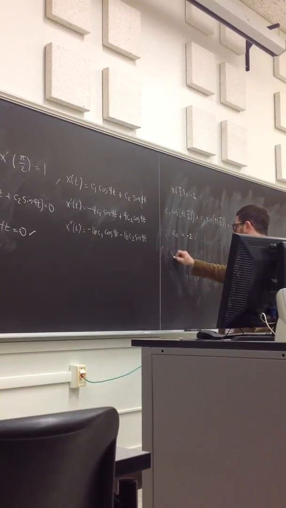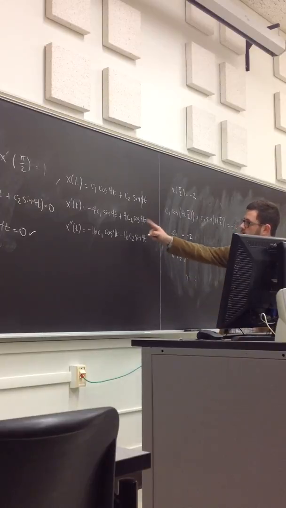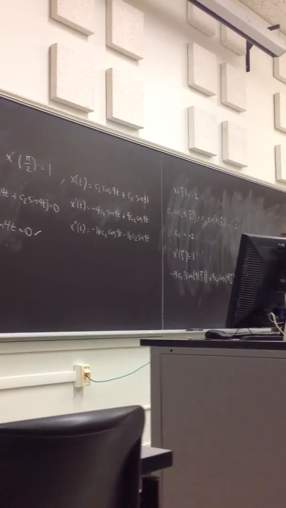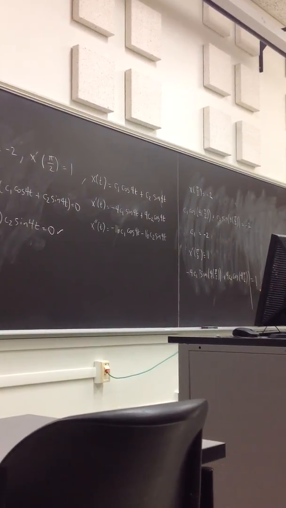Okay, and then we have x prime of pi over 2. We're told that this is 1. So substitute into the first derivative. It's 4 times the expression, and this is supposed to be equal to 1.